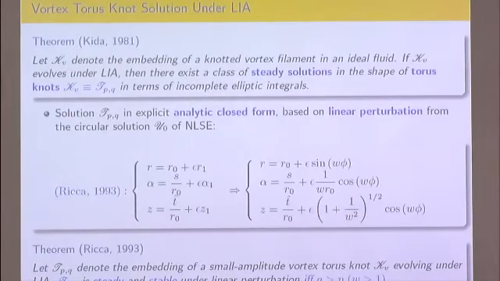And the unique analytical result about the stability of this class of torus knots is this one. Under the localized induction approximation, the class of torus knots that is stable under linear perturbation is the one in which the winding number is greater than 1.